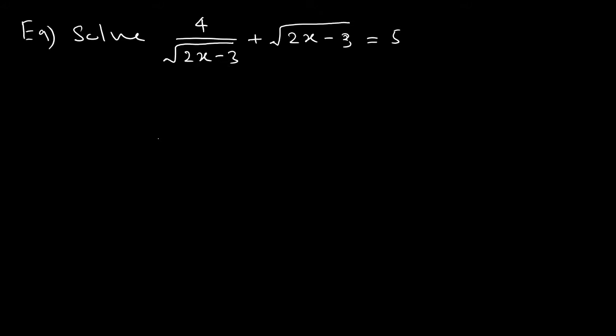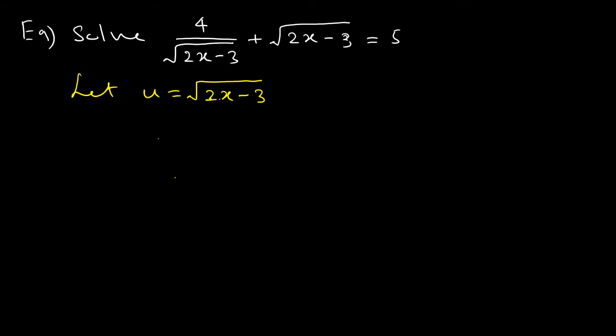You can clearly see we can use the same thing as we did before. Let u equal the square root of 2x minus 3. We can take the whole term.